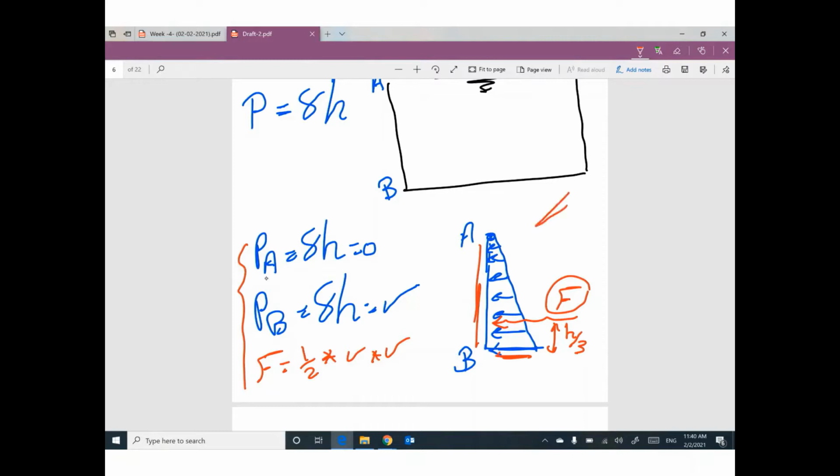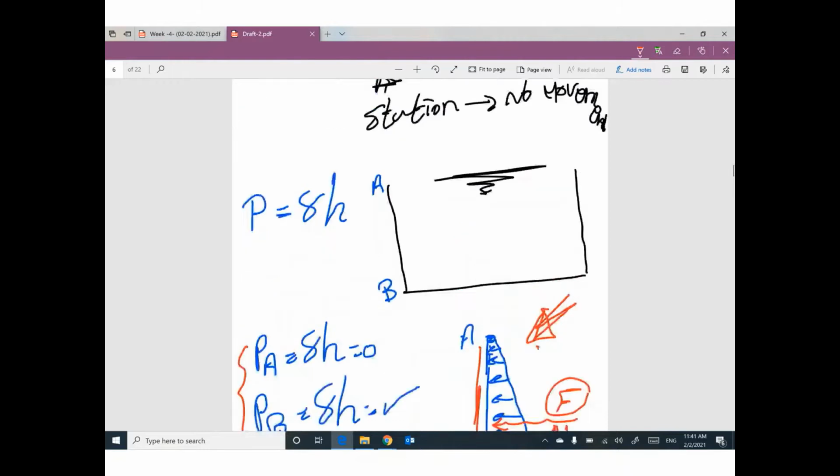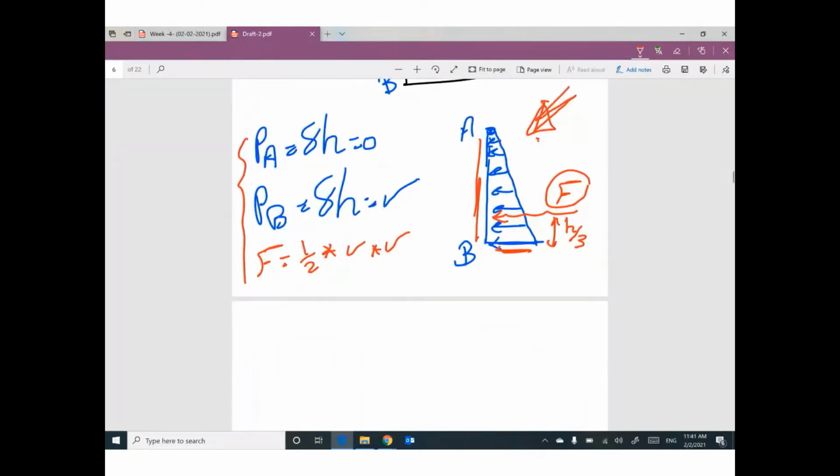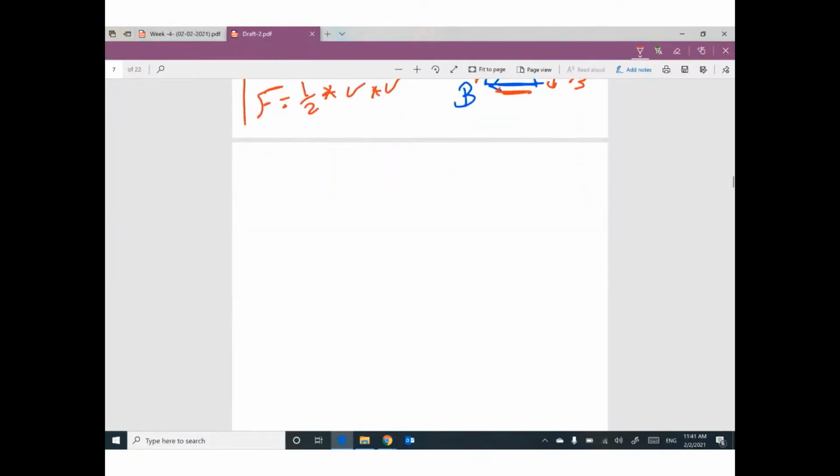I have to see your pressure distribution. You have to draw this distribution. If you didn't, I believe I deducted some points from your homework. Okay, so I'm asking you to sketch. I'm asking you to calculate the water pressure, so you need to sketch the pressure distribution.